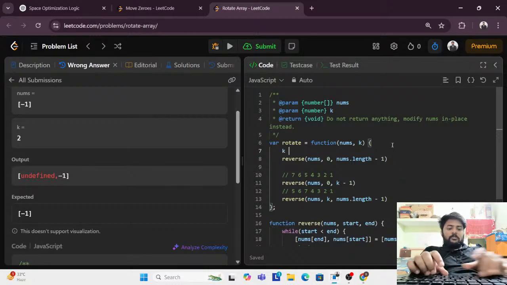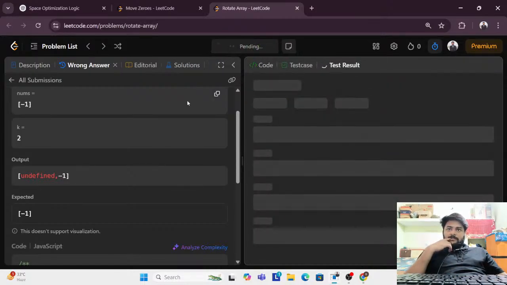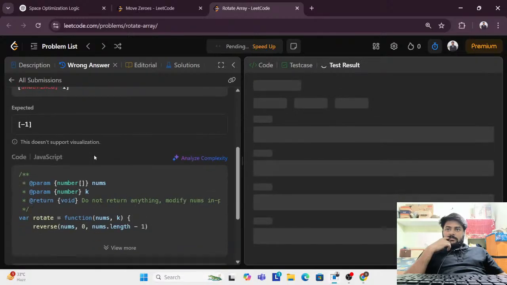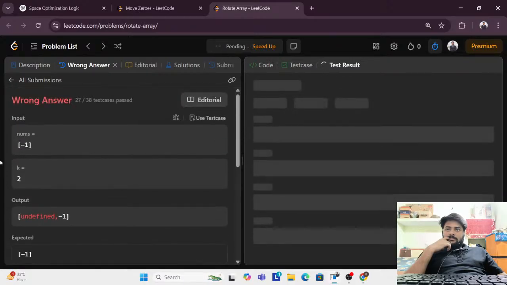Maybe I can try k is equals to k modulo nums dot length. Okay, now I think this would work. No, I think this is out of boundary, right? I think this is out of boundary.